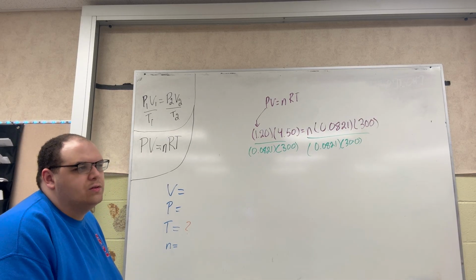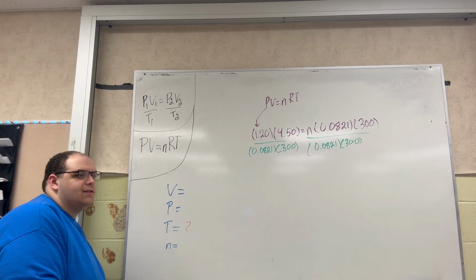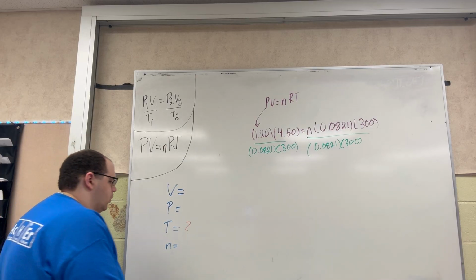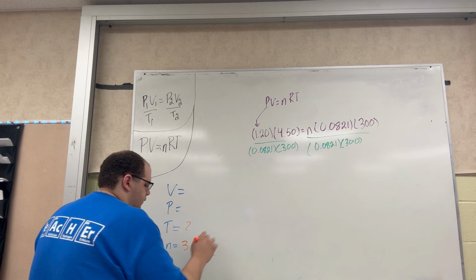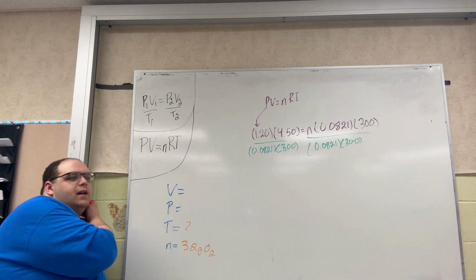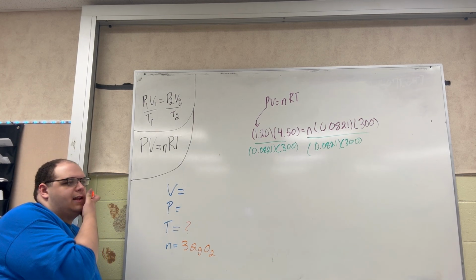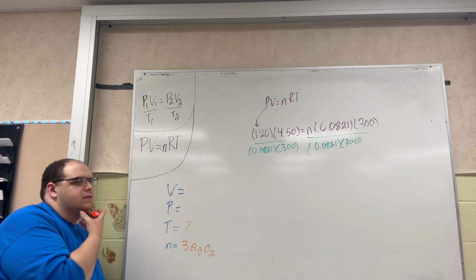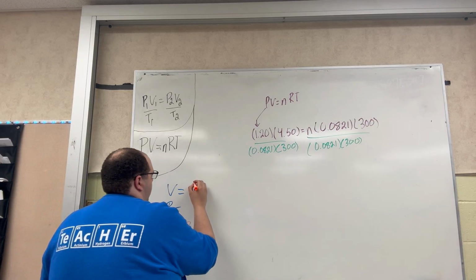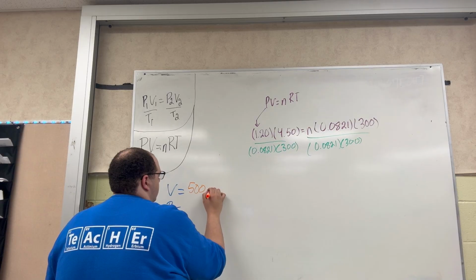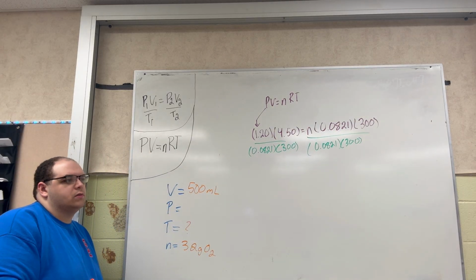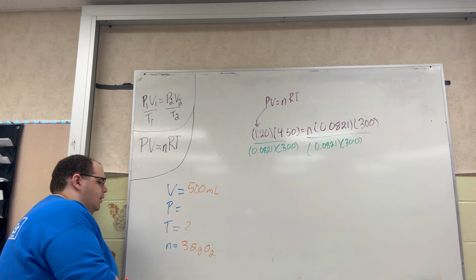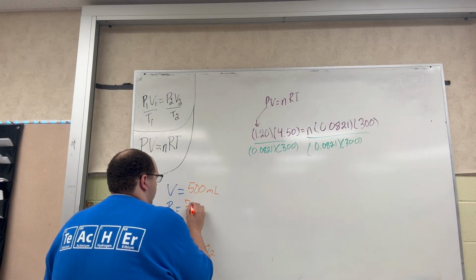I know I can't use grams in the ideal gas law, but I do know I can turn grams to moles, so I'll put that there for now. It's occupying 500 milliliters. Milliliters is a volume, so I know my volume will be 500 milliliters. My pressure, 780 torr. Torr is pressure, so I know that goes here.